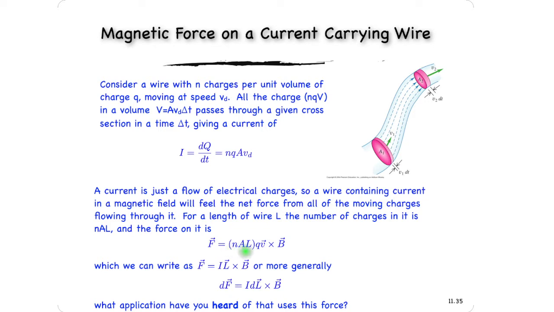Well, now this nALq, if I look up here, nqAvd is the current. So n, q, A, and v all form a current. So let me replace those with I, and I still have the length of the wire. So I can end up saying that the force on the wire is I times L cross B. If you have a straight wire and a uniform magnetic field, then the current in the wire times L cross B is the force.